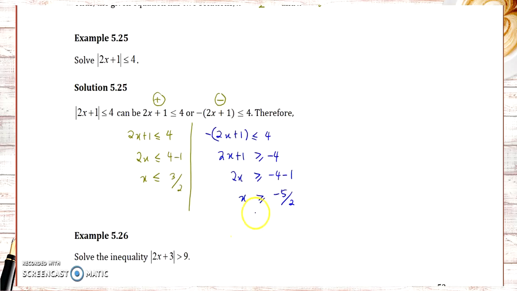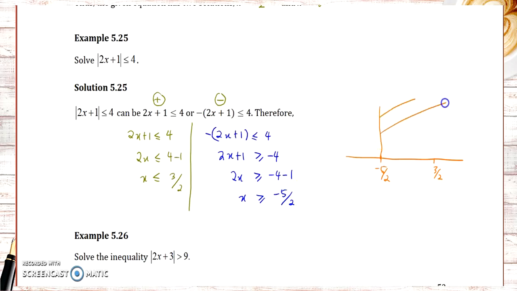From here, we can see that for this solution, we have two values. One is negative 5 over 2, another one is 3 over 2. For the negative, we have x greater than negative 5 over 2, so all x greater than this number.